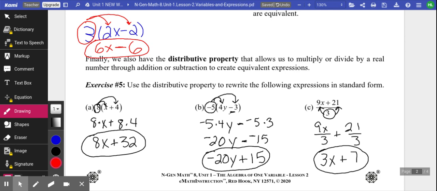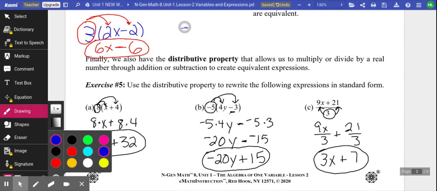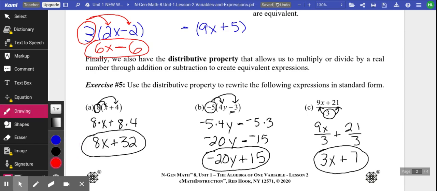And one other one. If I have negative, parenthesis 9x plus 5. Now this is still a distributive property problem, but since you just see negative in front, it's actually -1. We just don't write the 1 in front of the parentheses. So now I have to distribute -1 to both terms.